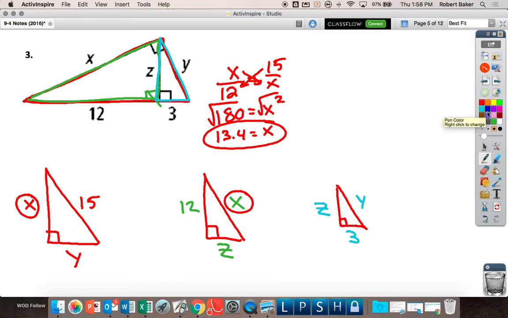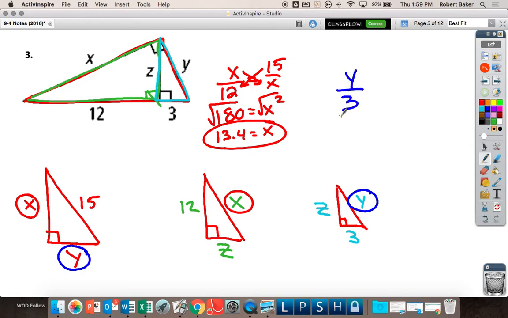So I'm going to circle the 2 triangles that have Y. There is a Y right here on the big triangle. There is a Y over here on the small triangle. I wonder what 2 triangles I should be using. The big triangle and the small triangle. So I'm going to go big Y over 3.